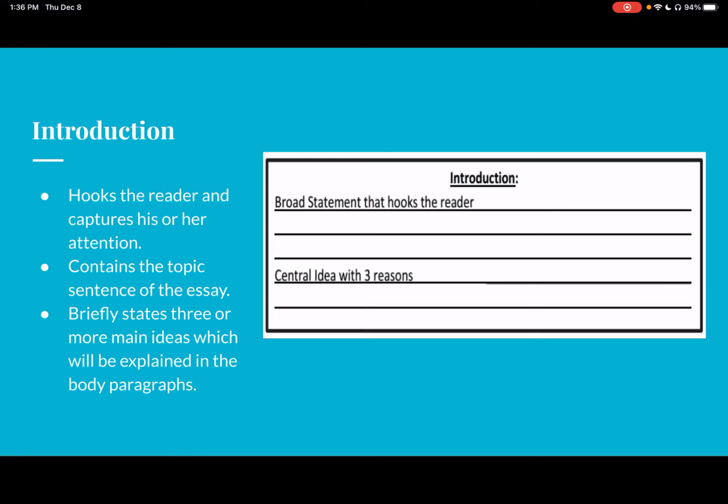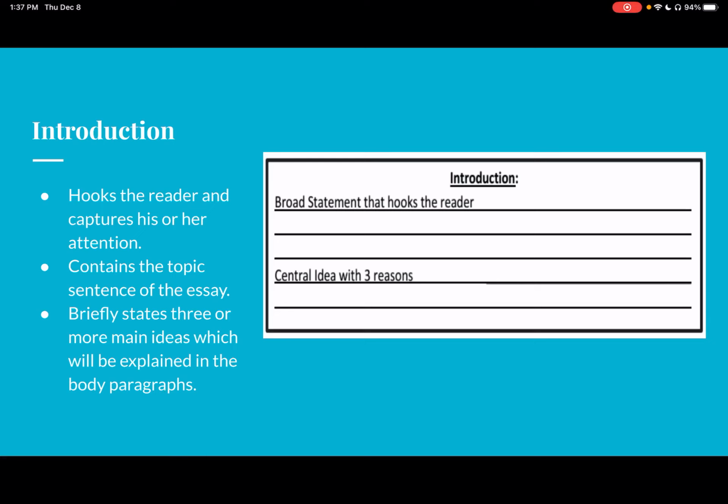You're taking a topic sentence from each paragraph and sort of combining it all into one sentence for your thesis. So you're giving a central idea with 3 reasons, and those 3 reasons will be taken from your 3 body paragraphs, which we'll go into in 1 minute.